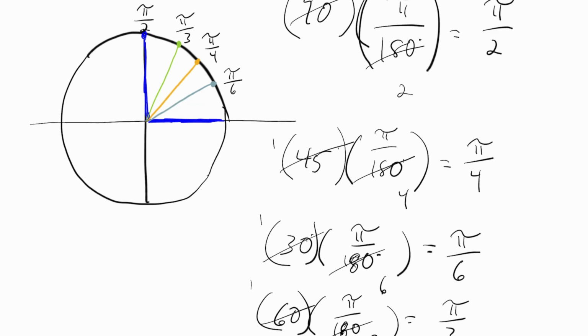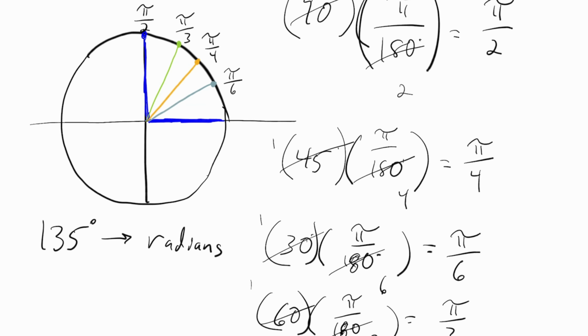So that means that if I were to say 135 degrees, for example, is equivalent to how many radians? Well, we could multiply it by pi over 180.